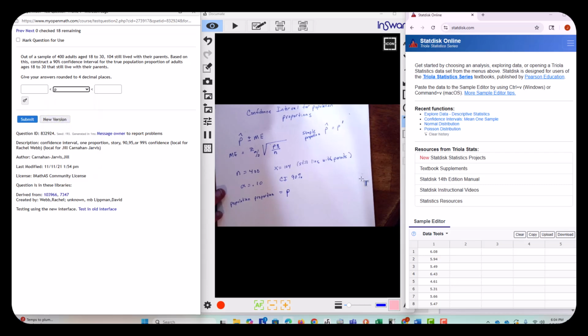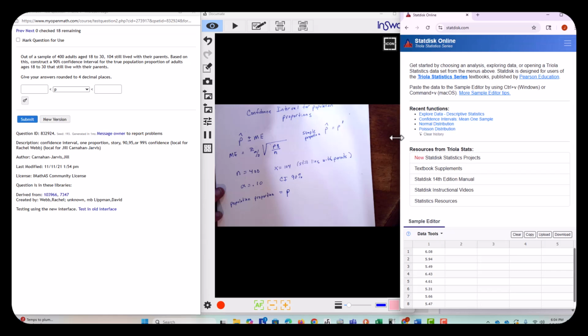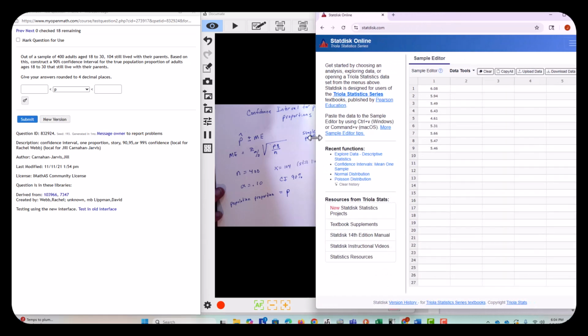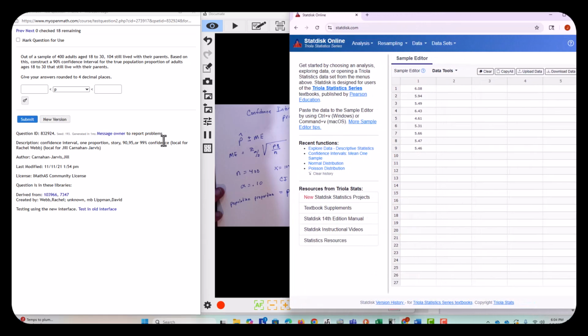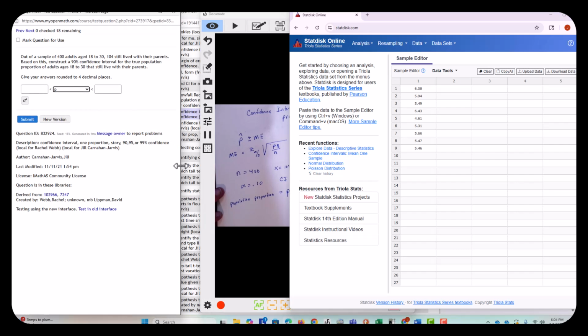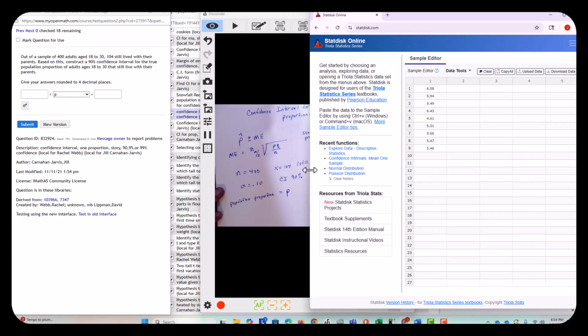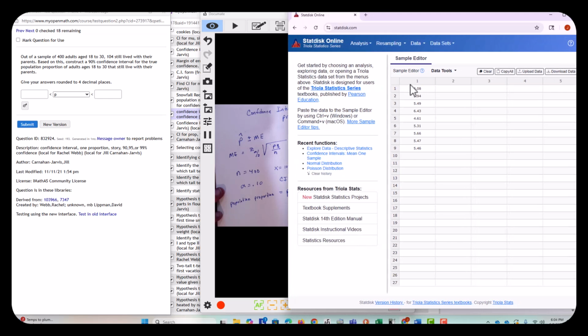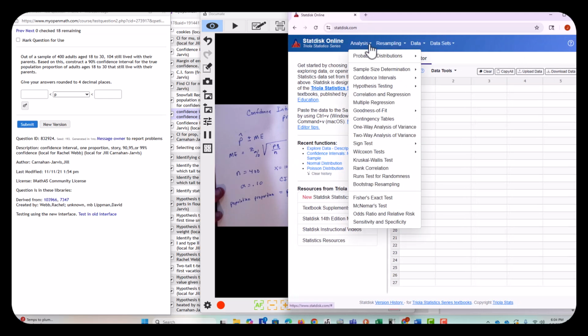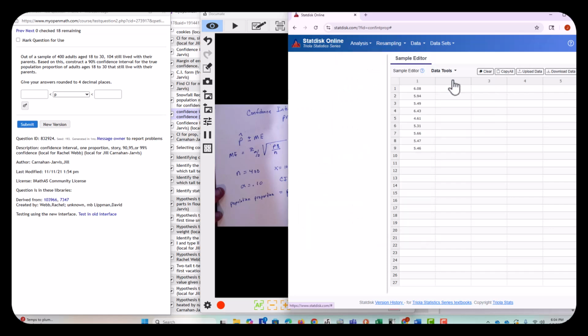So, let's go ahead and use StatDisk. We're going to go to Analysis, Confidence Interval, Proportion, one sample.